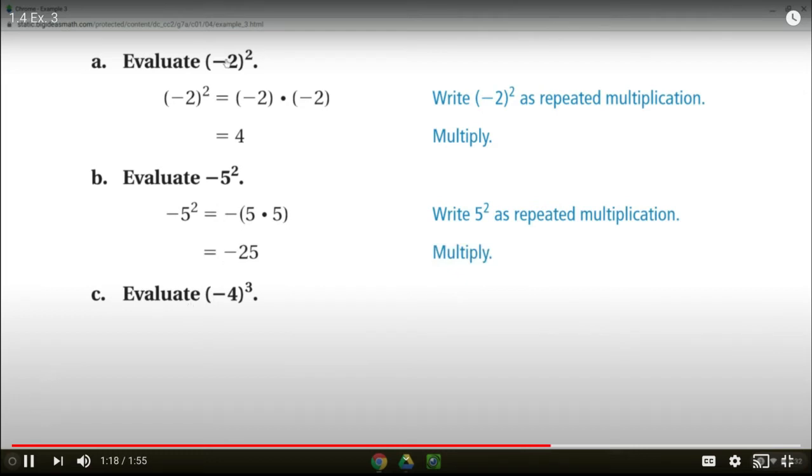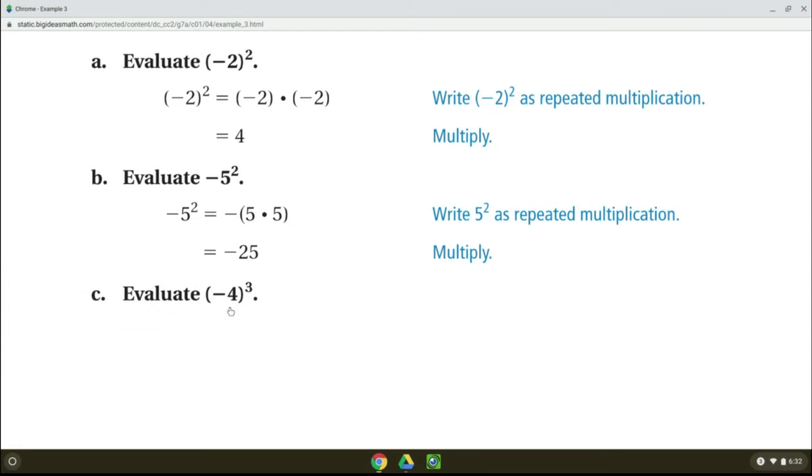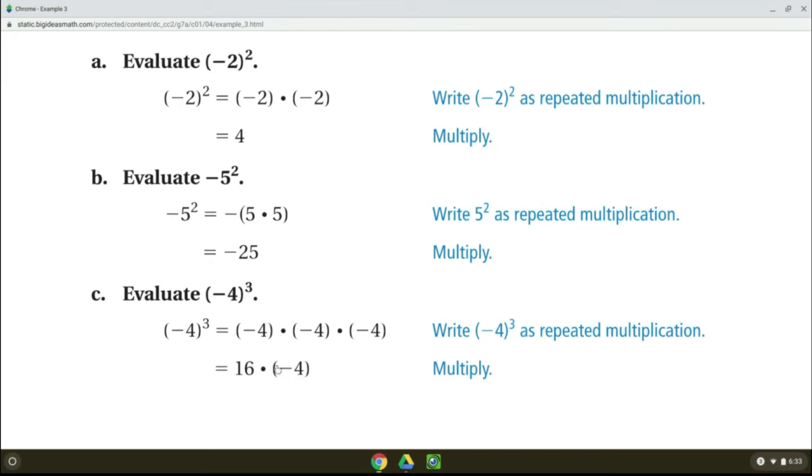And this one is very similar to the one in A. The whole base is negative 4 raised to the third power. We can see that it means to multiply this negative 4 times itself 3 times, but we take it 2 at a time. So this negative times a negative is a positive. So this is positive 16 times a negative 4.